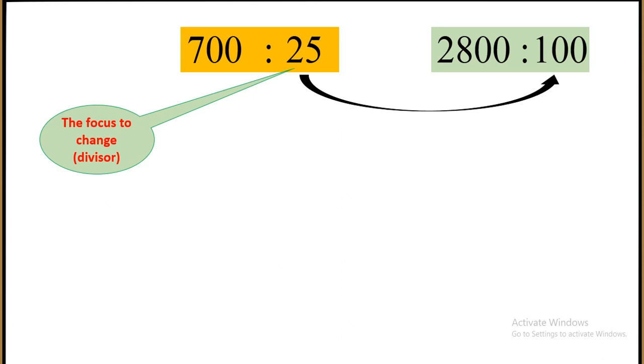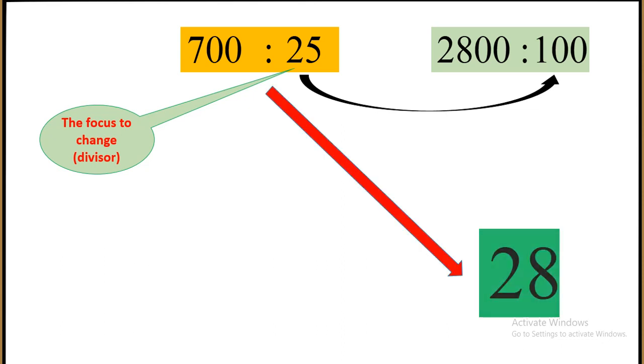When we know that 100 is 4 times 25, the dividend, in this case 700, also must be multiplied by 4. 700 multiplied by 4, 25 multiplied by 4, we get 2800 divided by 100, and we get the result 28.